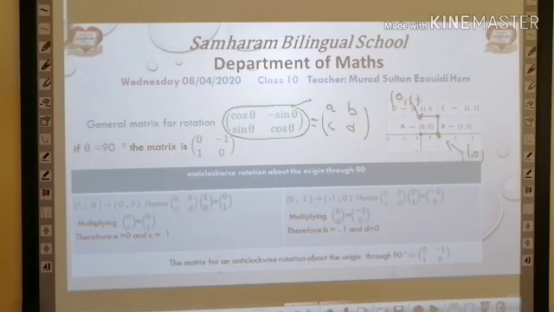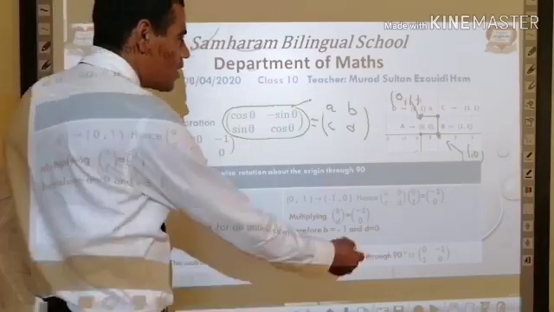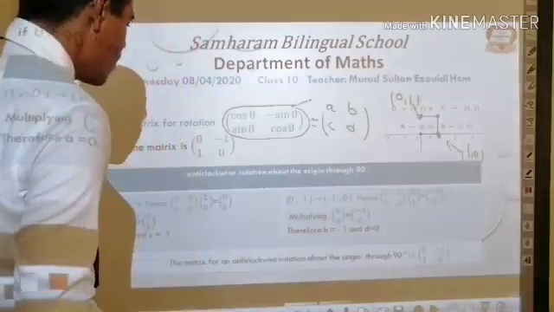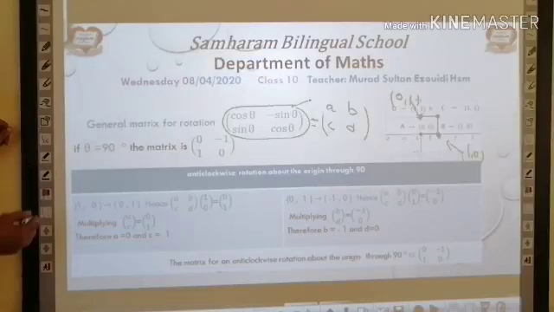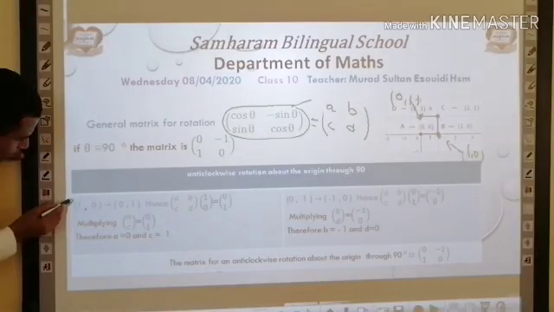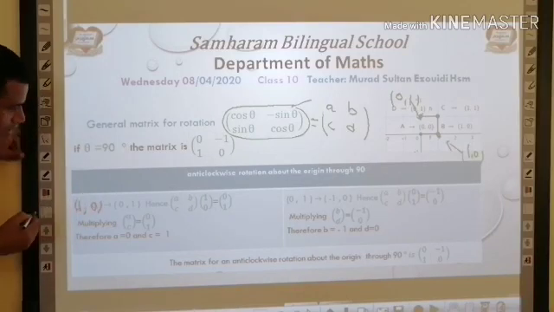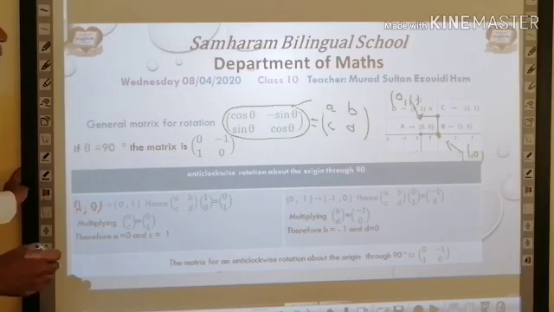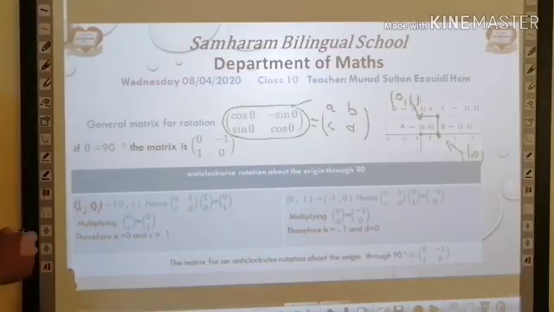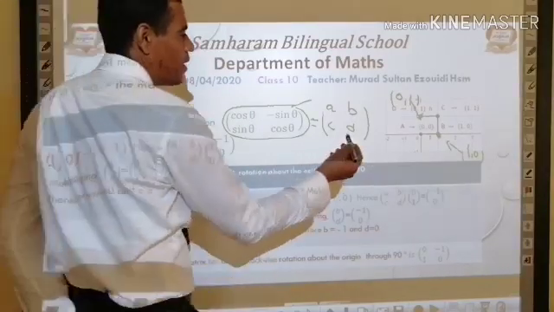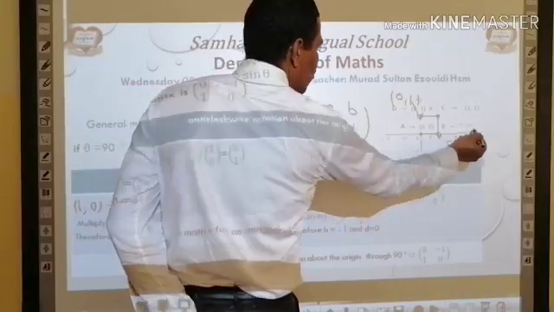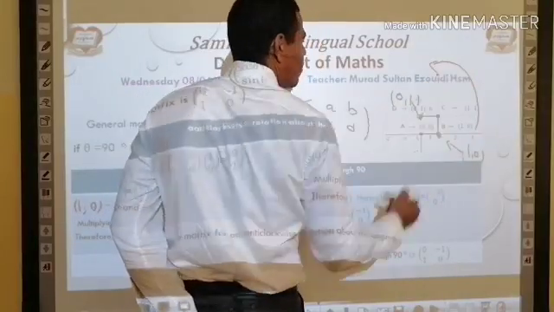Let's check, starting with the point (1, 0). I will rotate this point 90 degrees anti-clockwise, from right to left.